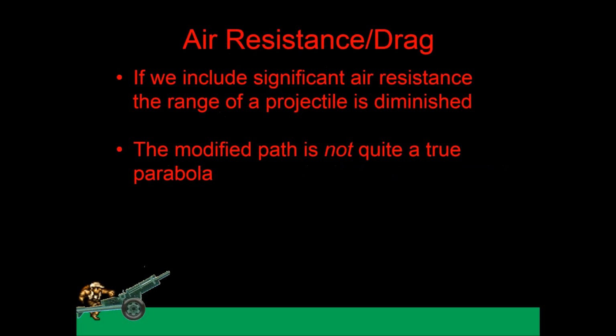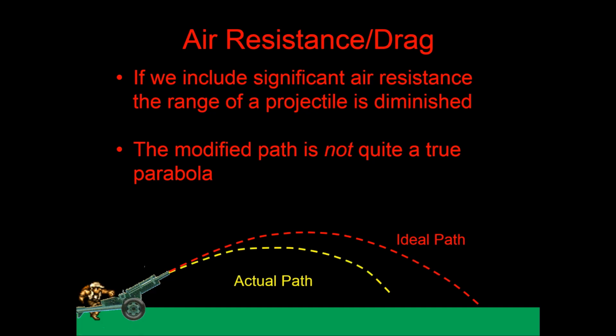So if we're looking at the realistic case here, we will end up with a situation where our parabolic trajectory is not quite a truly symmetric parabola. So here's the ideal path. If we fired a projectile from this cannon, it would go in this nice symmetric arc. In reality, it would probably be a little bit shorter.